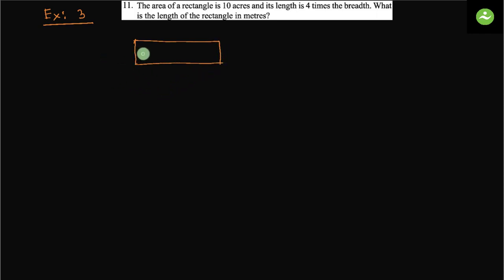If breadth is a meter, then length is 4a meter. Why? Because length is 4 times the breadth.